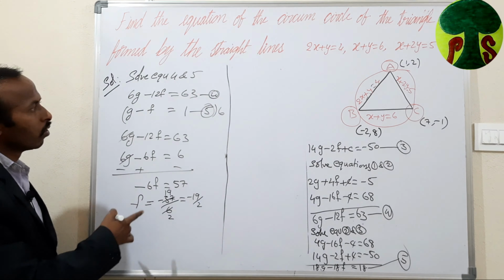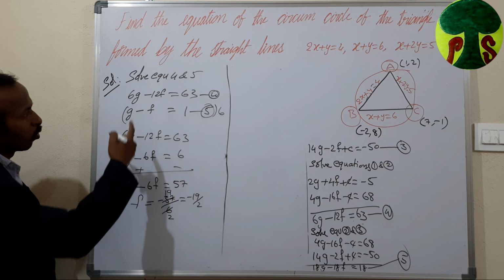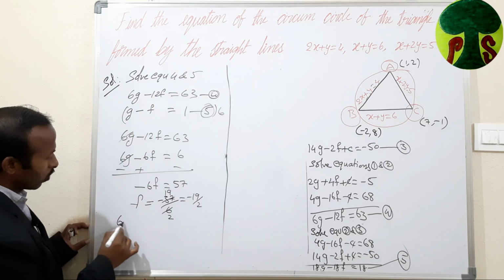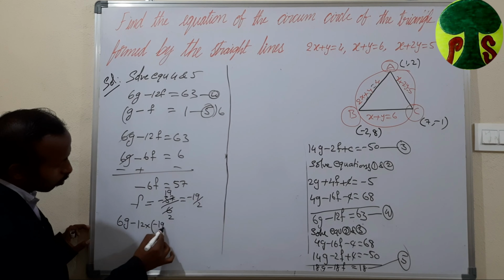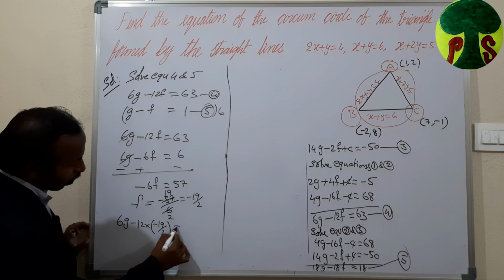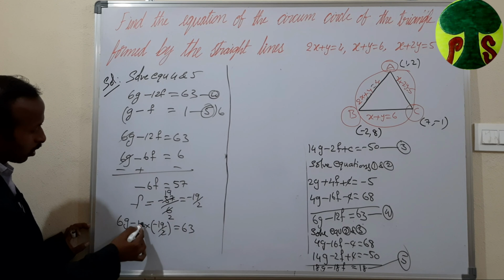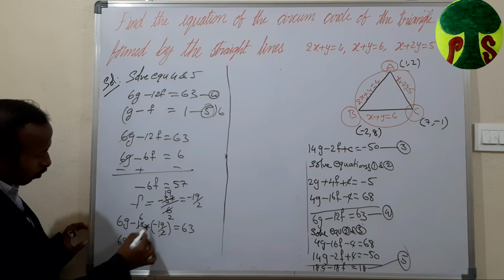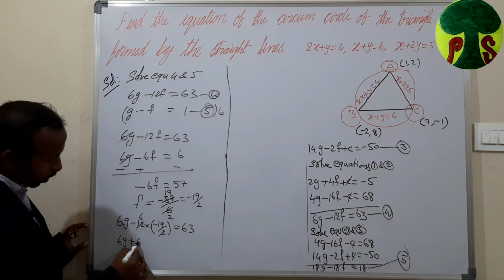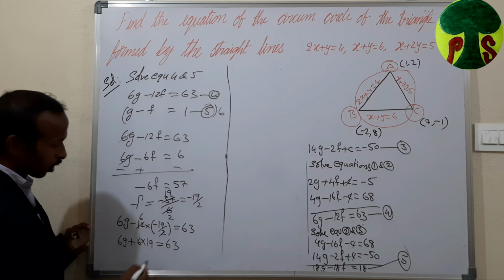This f value we can substitute in the fourth equation or fifth equation. Now I am substituting in the fourth equation, that is 6g minus 12 into minus 19 by 2 equal to 63. You see 2 sixes 12. Here 6g minus into minus plus 6 into 19 is equal to 63.